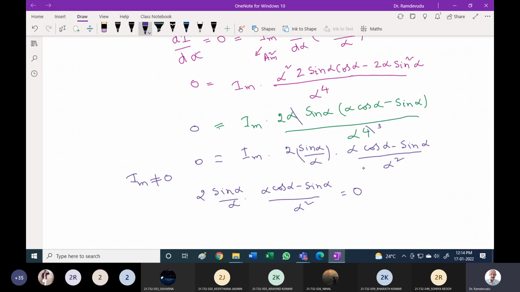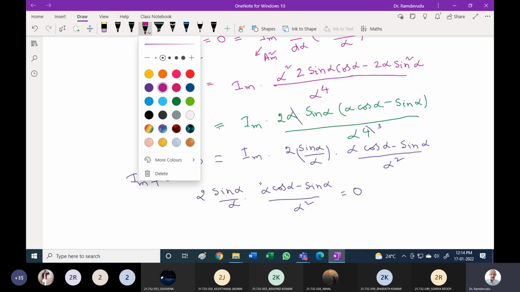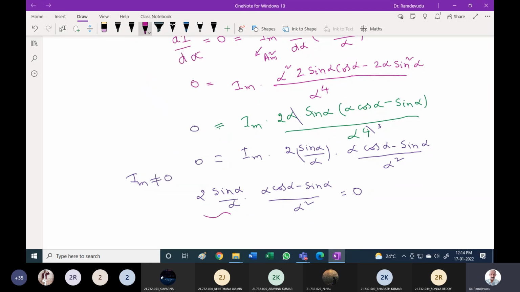And if I want to get secondary maxima, I have to see what values alpha should take. To do this, I will write here this product of two terms. This is the first term, and this is the second term.